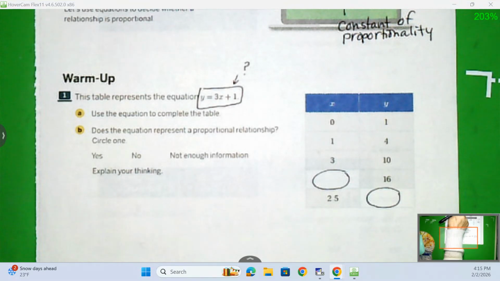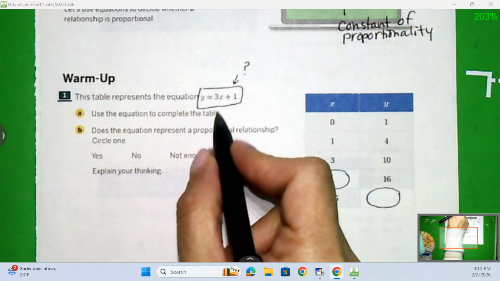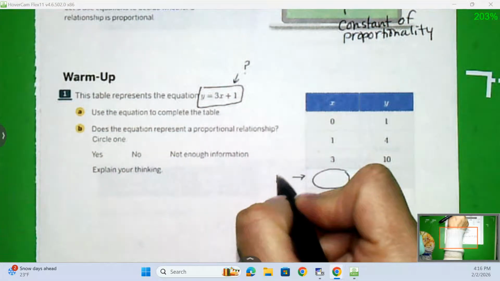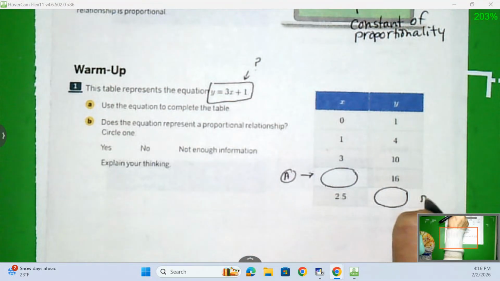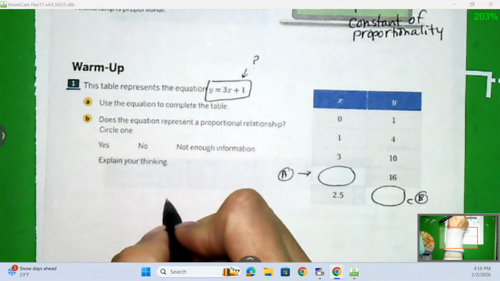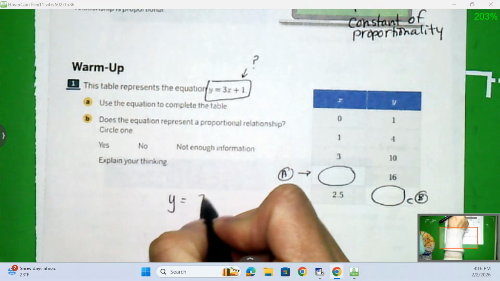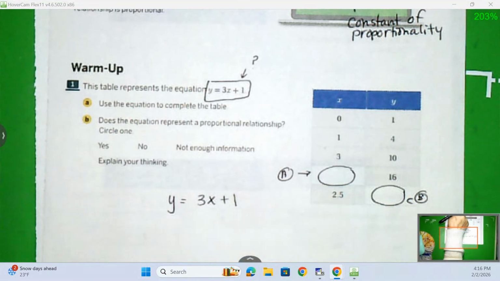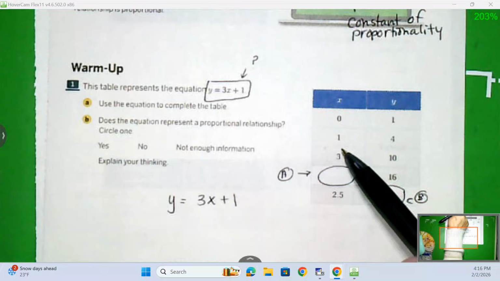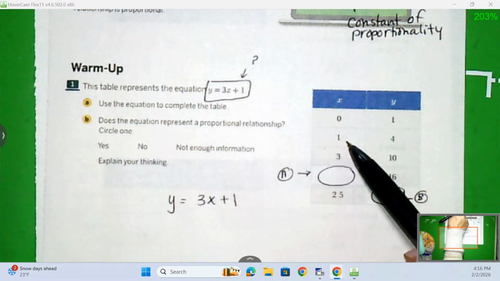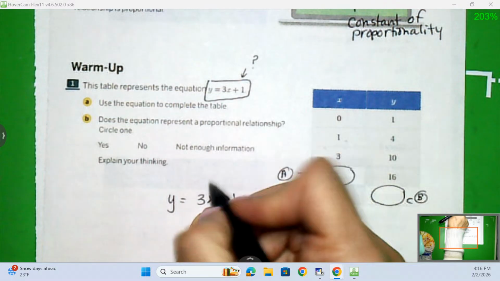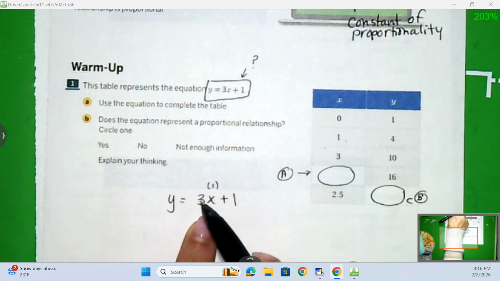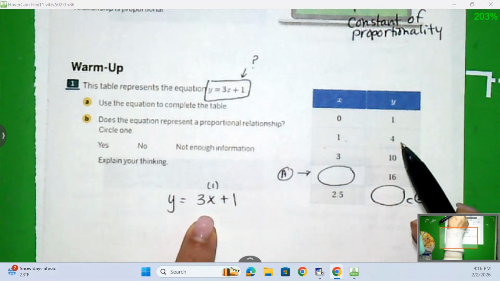Okay, welcome back. Looking at our equation, I'm going to call these A and B. First, we copy our equation: y equals 3x plus 1. We're told that when x is 1, if I put 1 in for x, 3 times 1 is 3, plus 1 is 4, so y is 4.